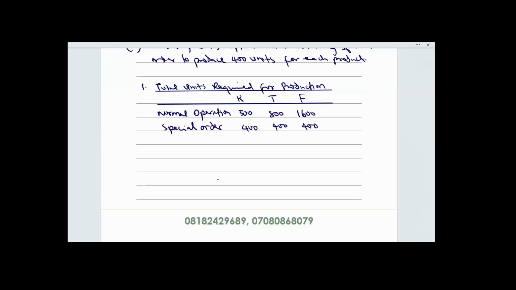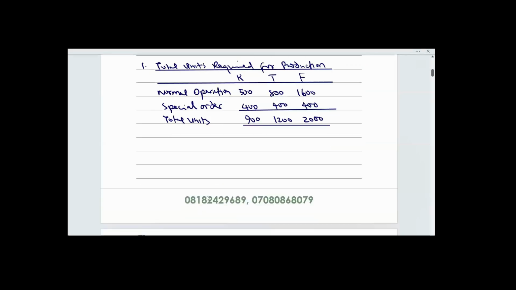When you add all of this together, that gives us the total units required for production: 900, 1,200, then 2,000. So this is the total units. For this company to fully maximize contribution, the company will need to produce 900 units of K, 1,200 units of T, then 2,000 units of F. Okay, so that's step one.